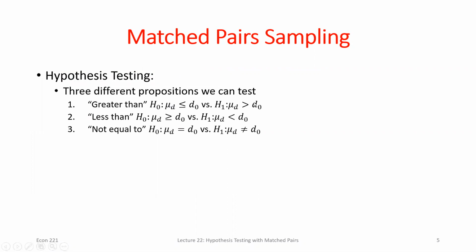We still have a greater than sign in the alternative, our right tail test, less than, our left tail test, and a not equal to sign, our two tail test. So our test statistic is going to look very similar to what we're doing with sample means. It's just now we have this sample difference. But once we have that difference variable, it's just a variable. We treat it exactly the same way.